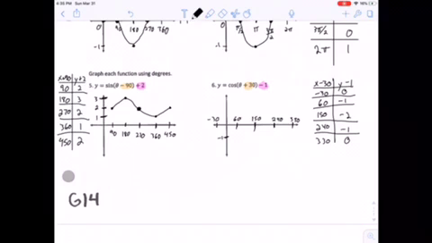And then we get -1 here, -2 there. So here we go, -30, 0, 60, -1, 150, -2, 240, -1, and 330, 0. And now you draw your curve.